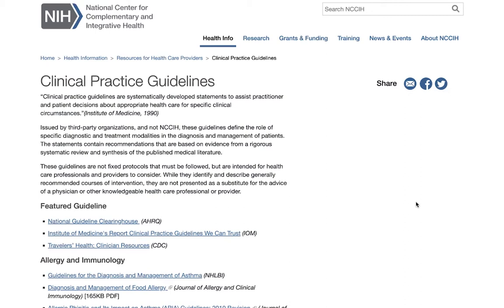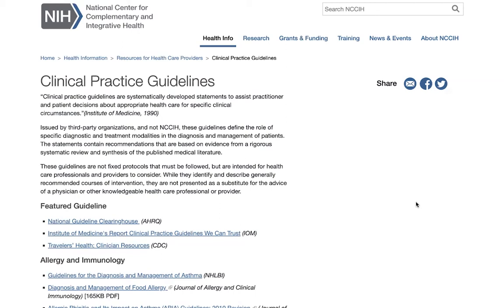So for my last example, I was speaking about asthma and diabetes, and they each have their own clinical pathway. But regardless of which pathway needs to be taken, they both are going to have a standard clinical practice guideline that would need to be followed before a pathway can be created.